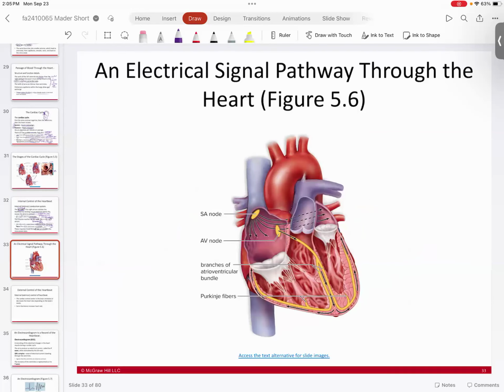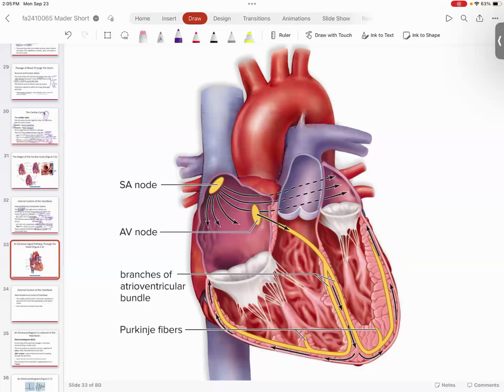And this is kind of what it looks like. So here's your SA node going to fire off a contraction signal. Well, once it fires this off, it's got to send the signal to a couple of places, right? Number one, it's going to send it to its partner and friend, the AV node, which is a little further down. But notice it's also sending the signal to its own tissue. So this is basically the atrial cells telling its own atria muscle to contract.